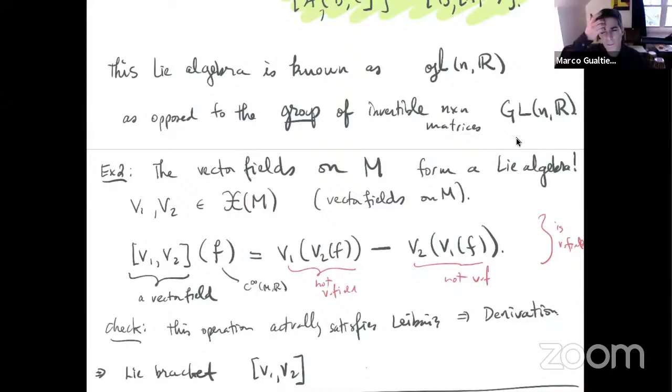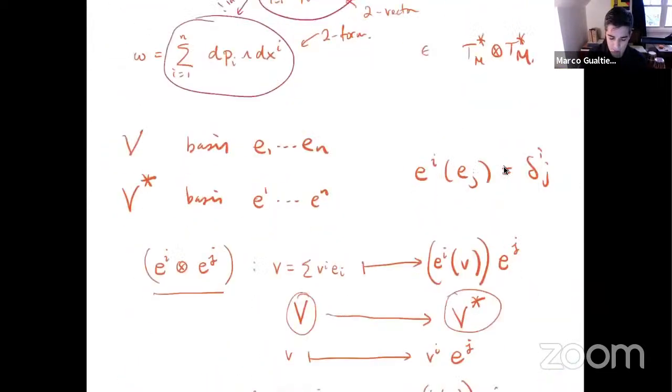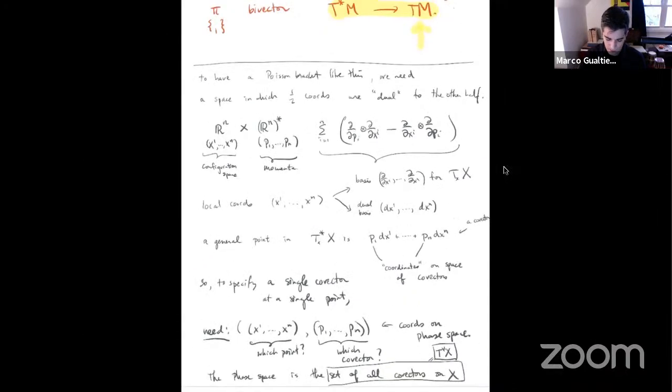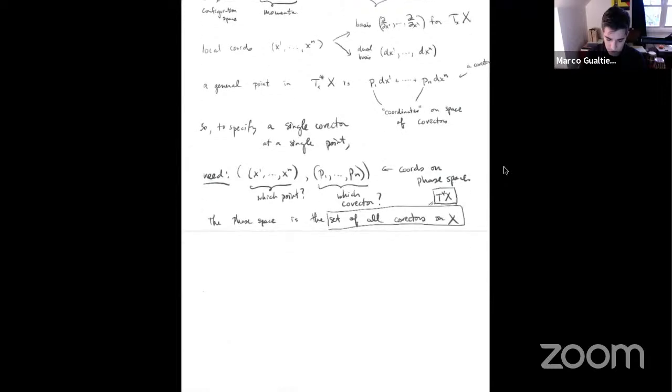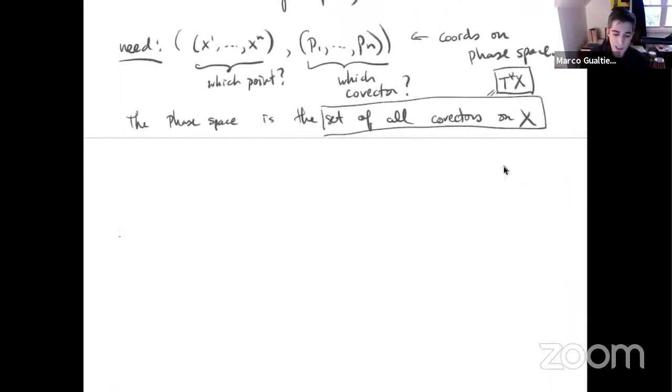So you can change your coordinates, and see the other advantage of the Hamiltonian formalism is that it doesn't depend on coordinates. But the problem is that you need to, yeah. So let me explain this fact.